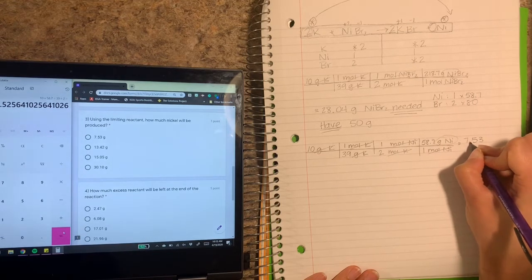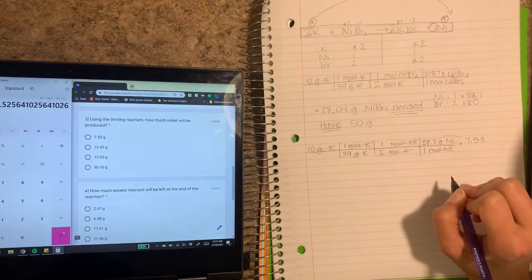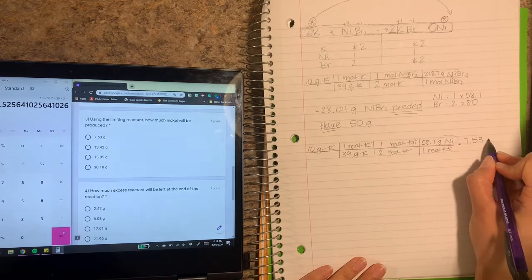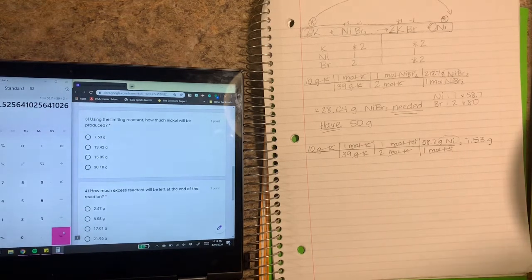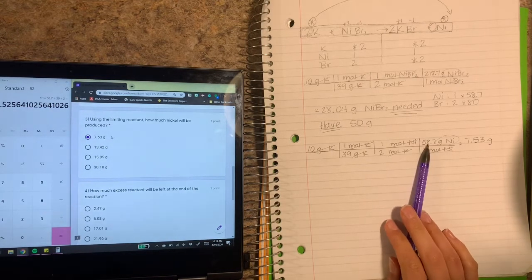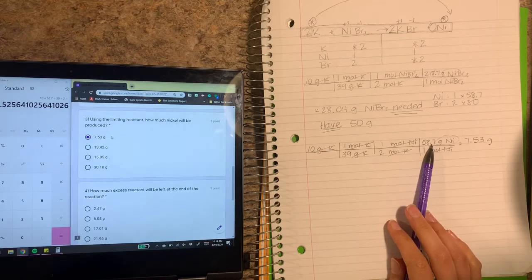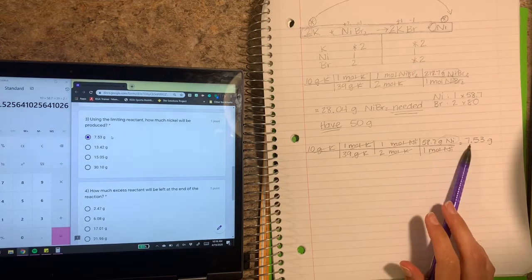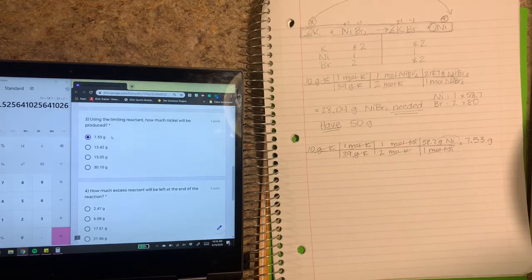If you notice, I usually round to 2 decimal places in every answer I give you, so 7.53 grams, and that is right here. Now, if you were to have rounded this to 59 instead of keeping it at 58.7, you would have gotten a little bit of a different answer. So let's just see what you would have gotten here.